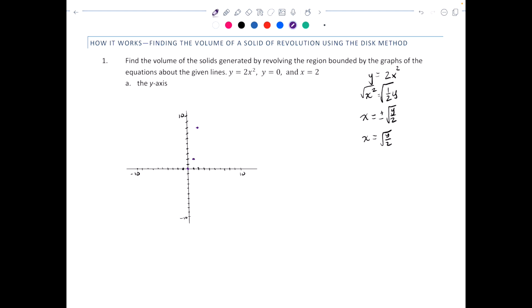So it's going to look something like that. So if we draw that up and then draw down that line, x is equal to 2, you've got your basic region that we're dealing with, right? Good so far? Okay, I'm not going to draw in the rectangle yet because it's going to change depending on what it is that we're revolving about. Cool?